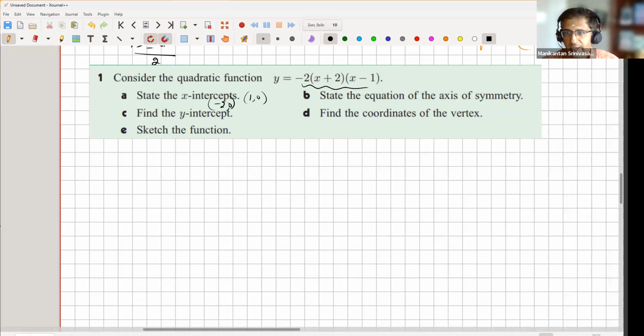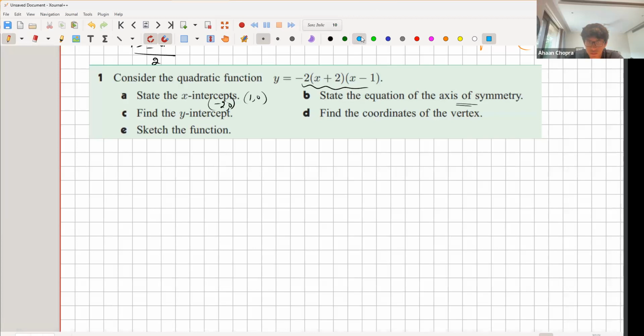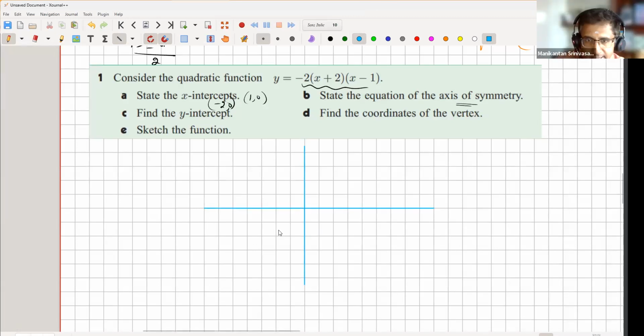Okay, state the equation of axis of symmetry. Ahan, part B. What will the axis of symmetry be? This is the y-axis, the x-axis.